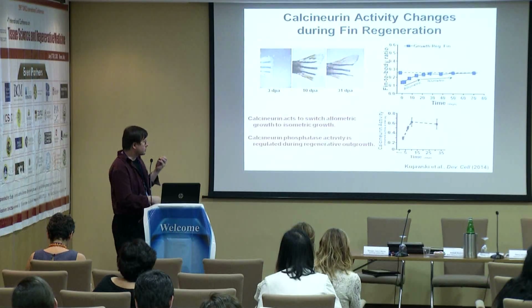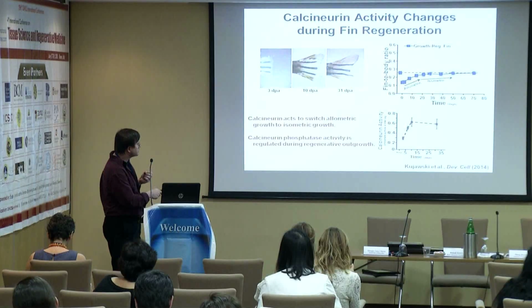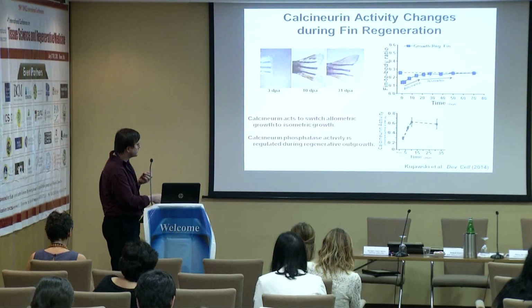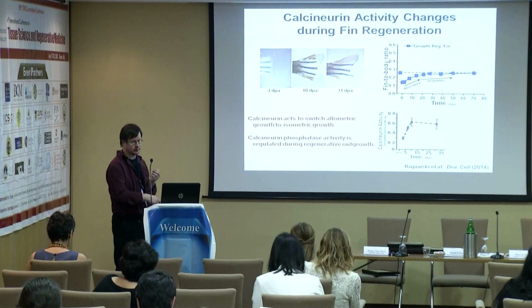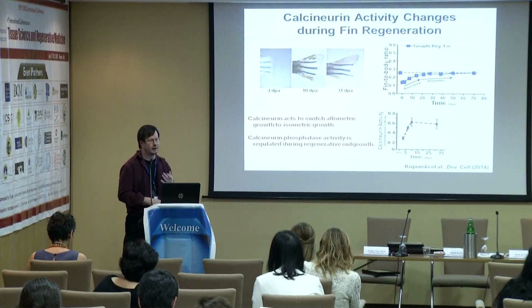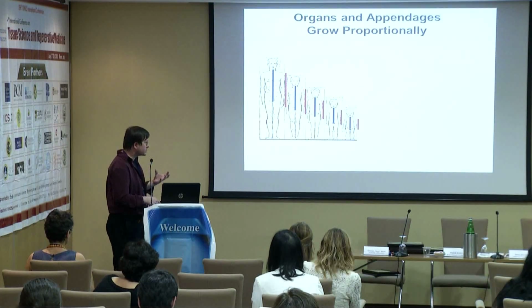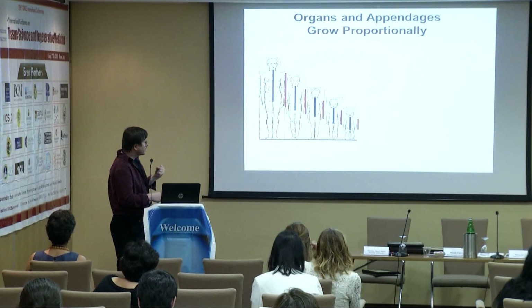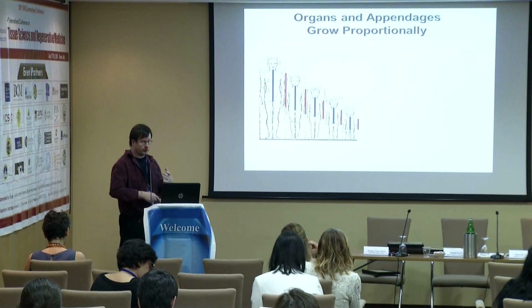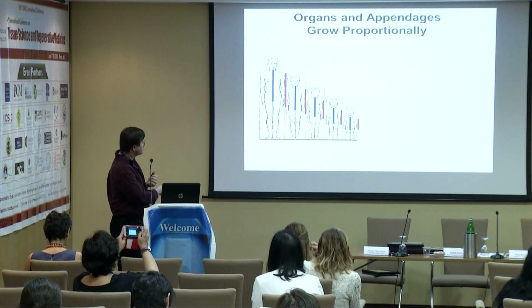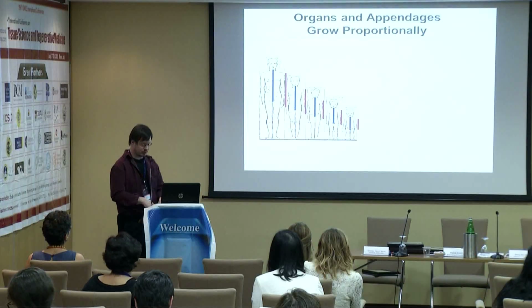Right? So the two take-home messages here are that calcineurin seems to be acting as a switch to go from regenerative allometric growth into isometric growth, and that calcineurin's phosphatase activity is regulated during regeneration. So then the question is what is regulating it? So in the end, this gets us to one of the major mechanisms which involves body proportions altogether, right? So through all our developmental or those organs that do regenerate states, we have specific proportions with the body.